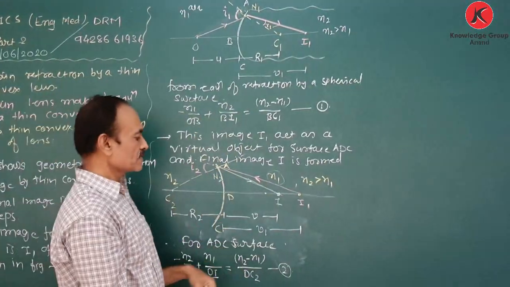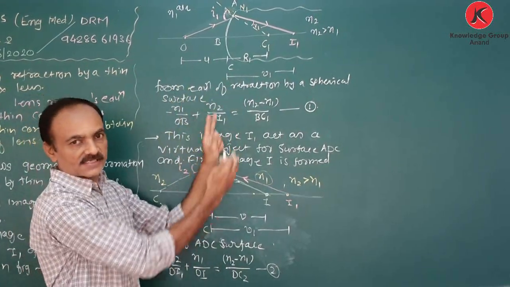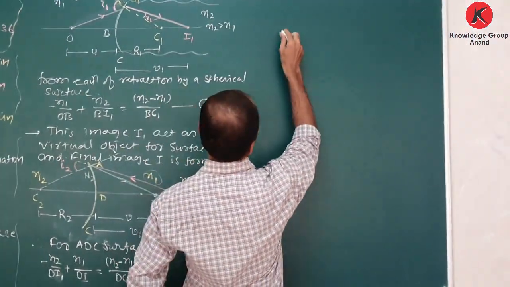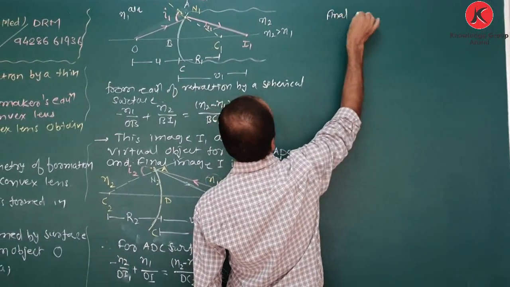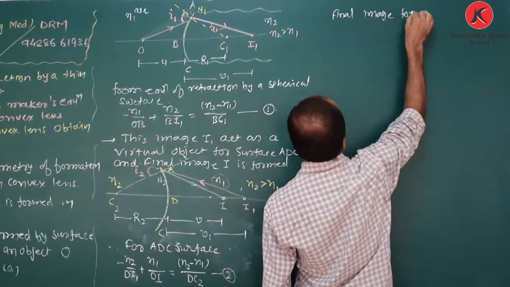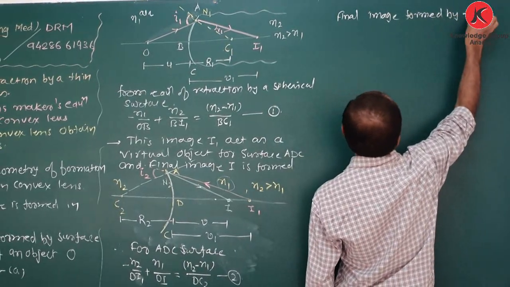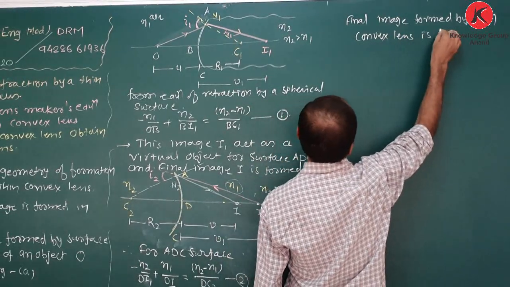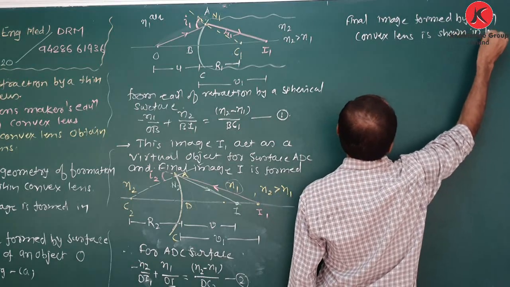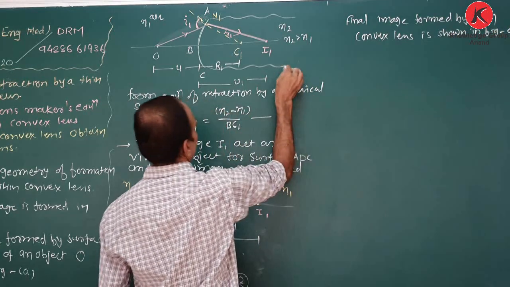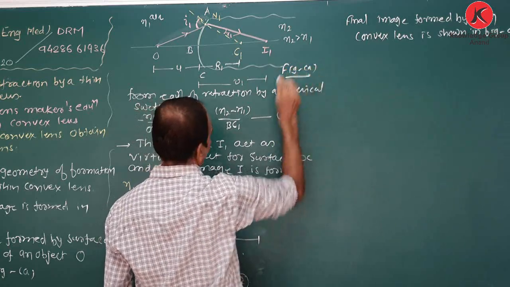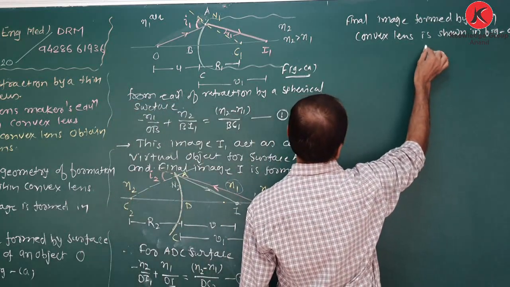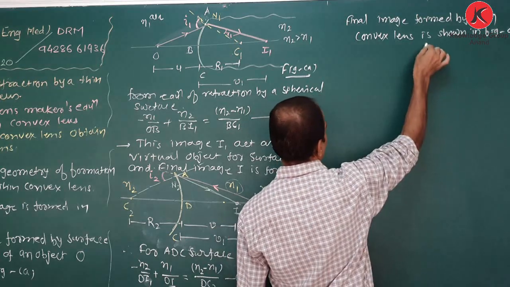So as we combine both surfaces, what is the final figure? The final image formed by a thin convex lens is shown in figure C. There is figure A, there is figure B, and there is figure C. Here we draw a thin convex lens.